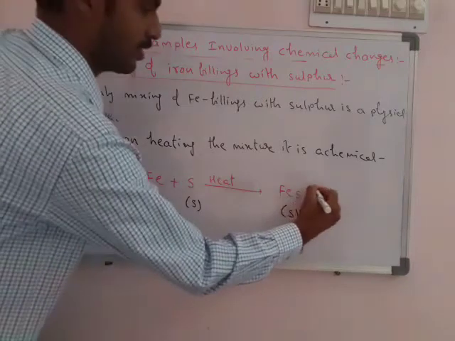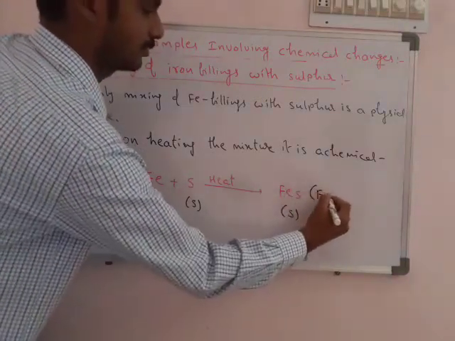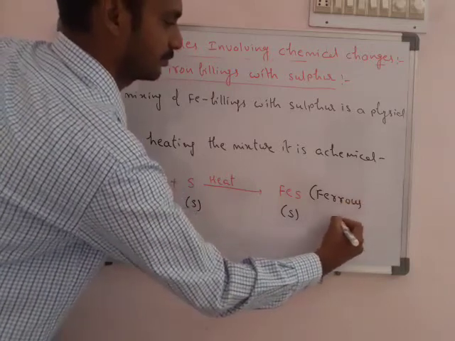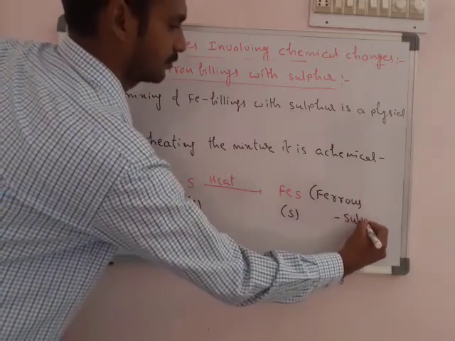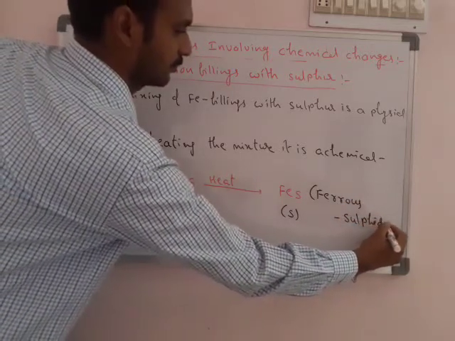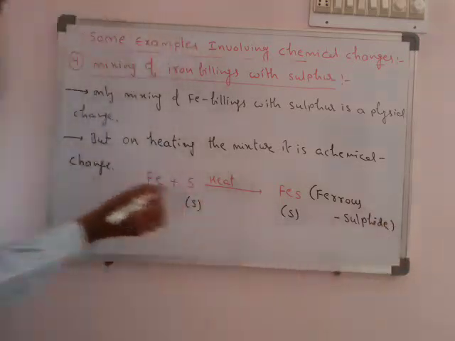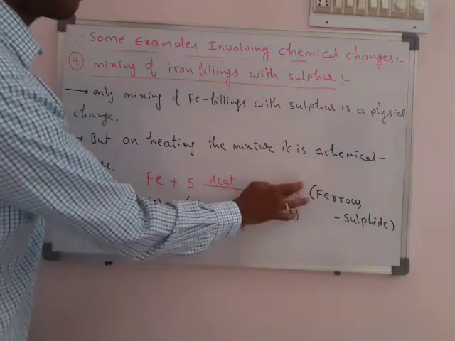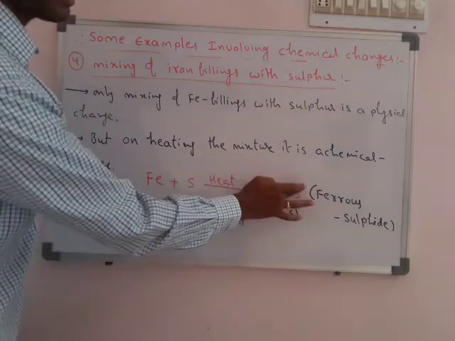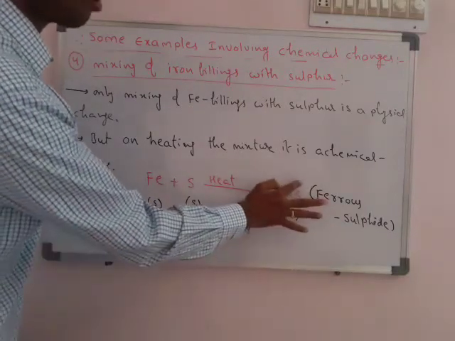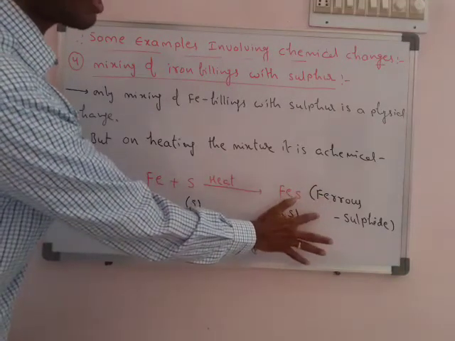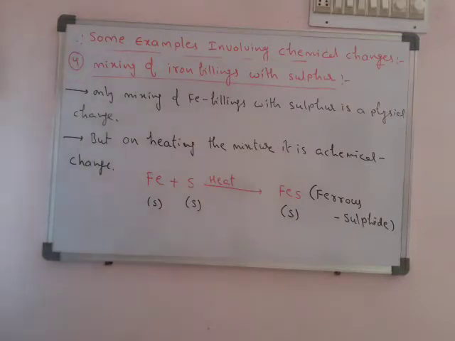What is the name of this compound? Ferrous sulfide, because S is present in the form of -2, sulfur -2, and Fe plus 2. So that's why it is ferrous sulfide. Okay, got it.